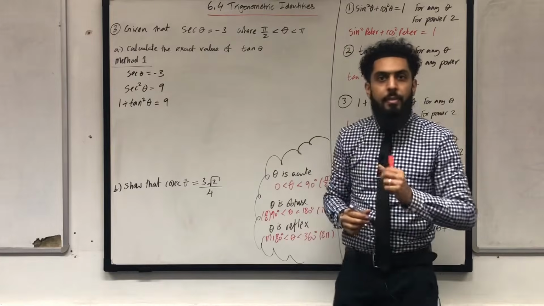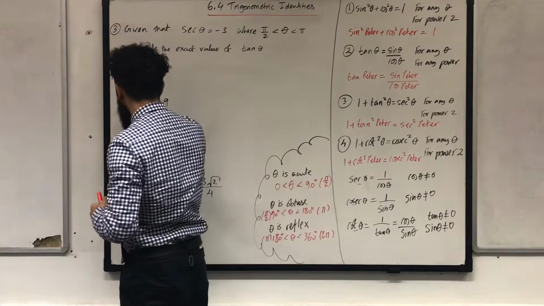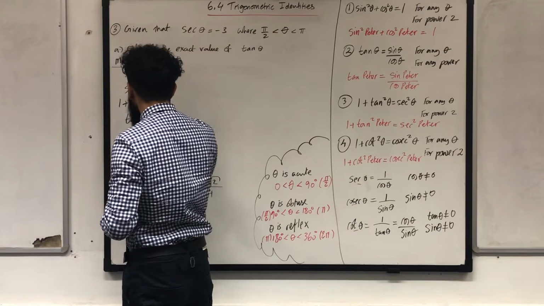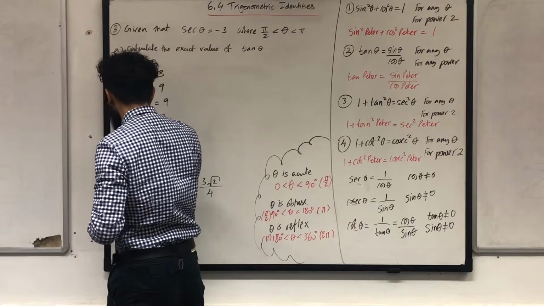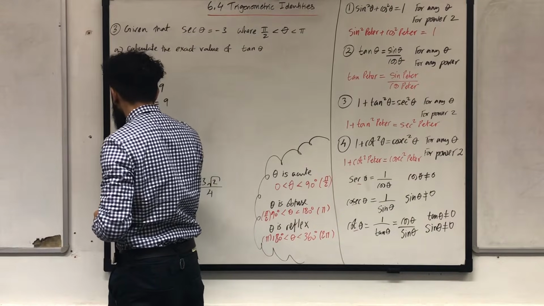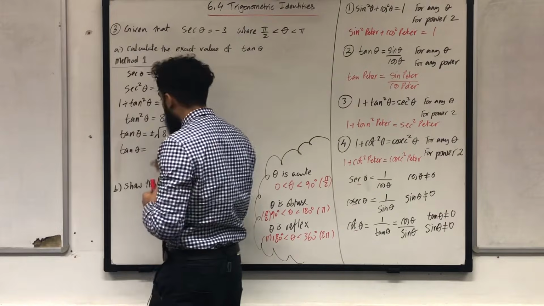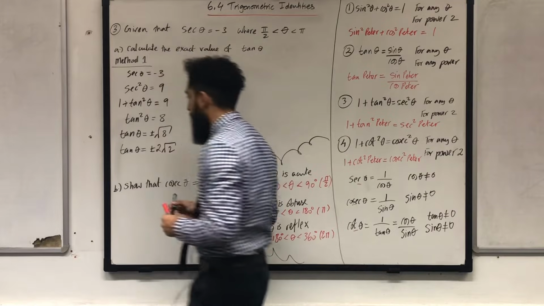Now my target is to make tan theta the subject. So I'm going to do that now. Tan squared theta equal to 9 minus 1, which is 8. Take the square root, so plus or minus square root of 8. Simplify that, and I get plus or minus 2 root 2.